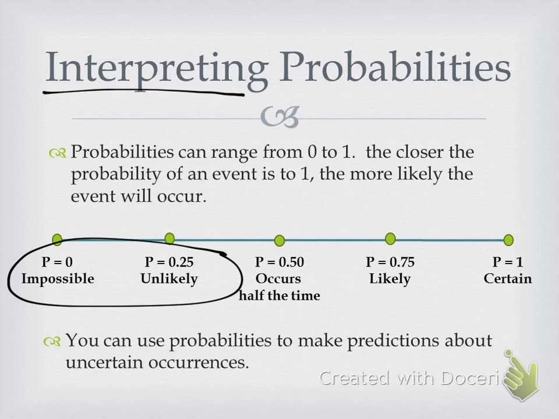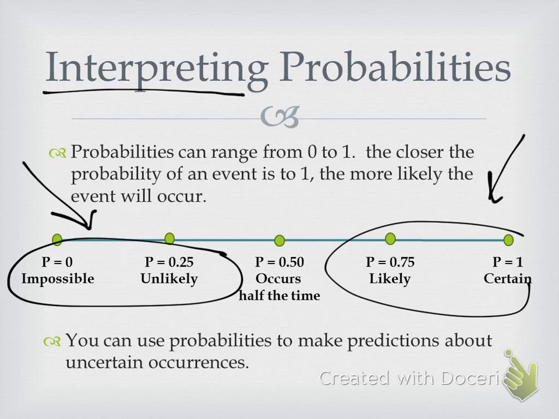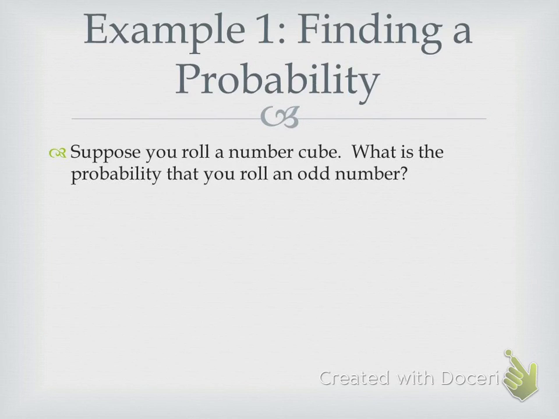If I ask what is the likelihood that you get injured jumping off a cliff, you want it to be a low probability. You don't want to get hurt. But what if I said probability that you win $1 million? You want it to be a high probability. Anybody wants to win $1 million unless they're lying. So low and high probability is anywhere from 0 to 1, the likelihood that something is going to happen.